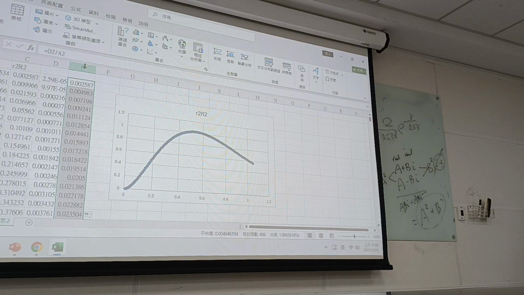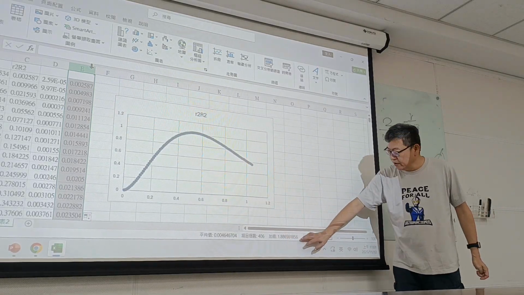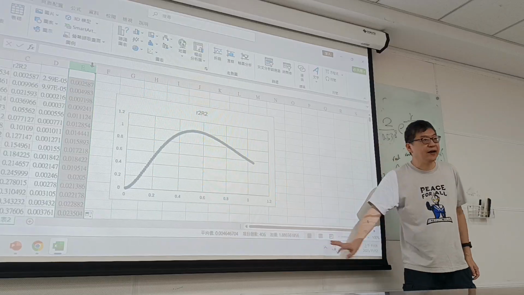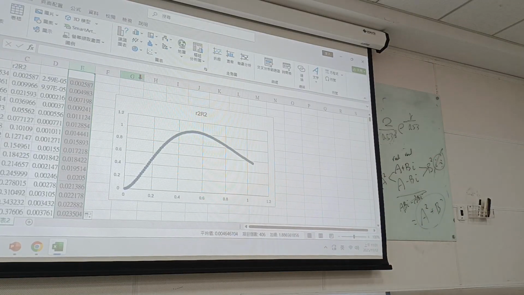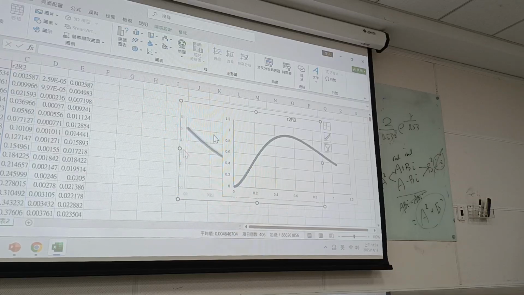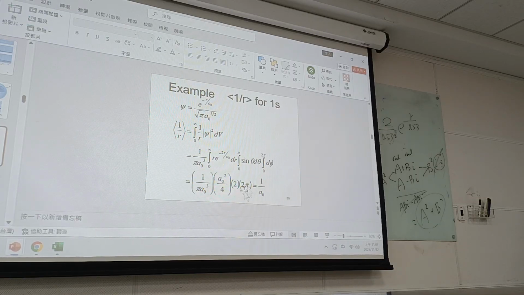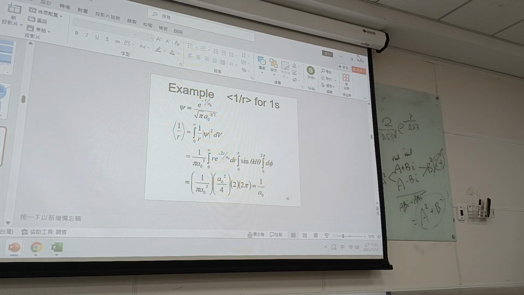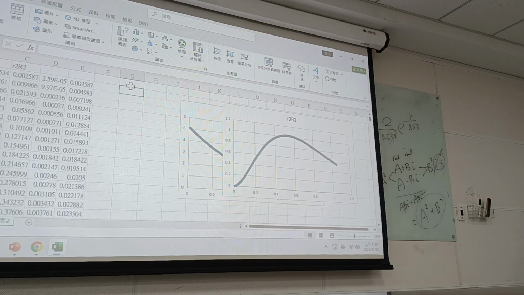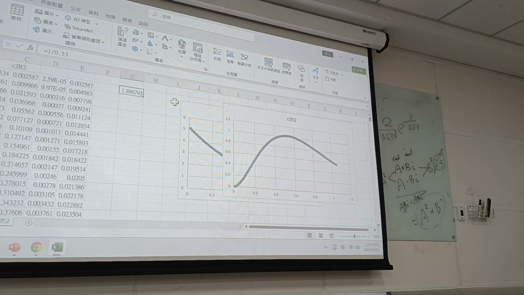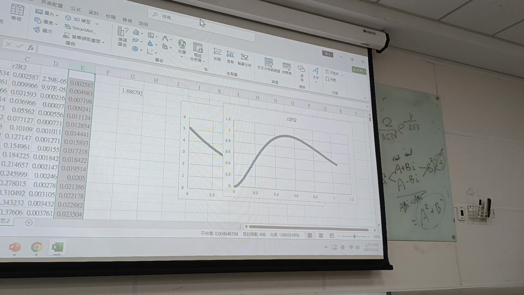This means integration. Sum it up, this is the integration: 1.8865, right? If I do the integration, the result needs to be 1 over a naught. A naught is 1, equal to 1 divided by, yeah, this is also 1.88 something.